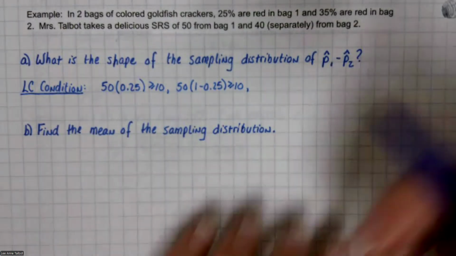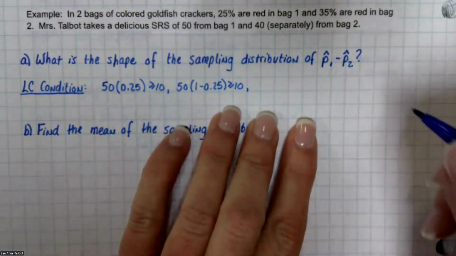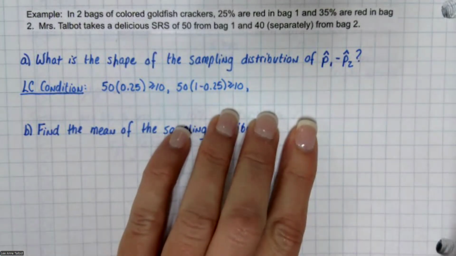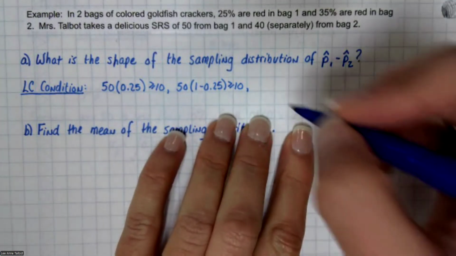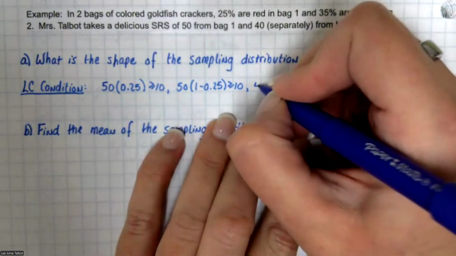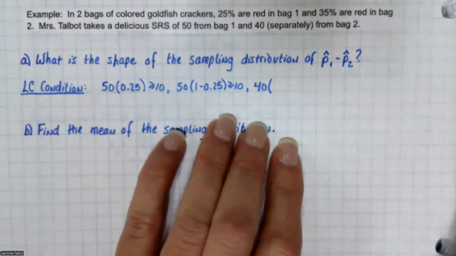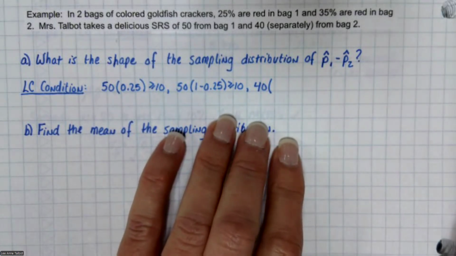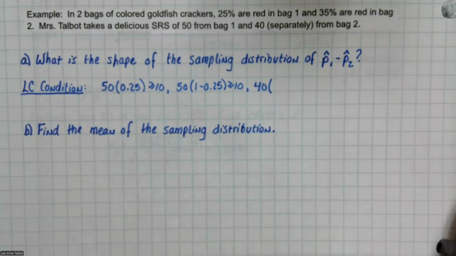Okay. What is N for bag 2? 40. You guys just chatting right through the lesson. You know this already? What is P for bag 2?